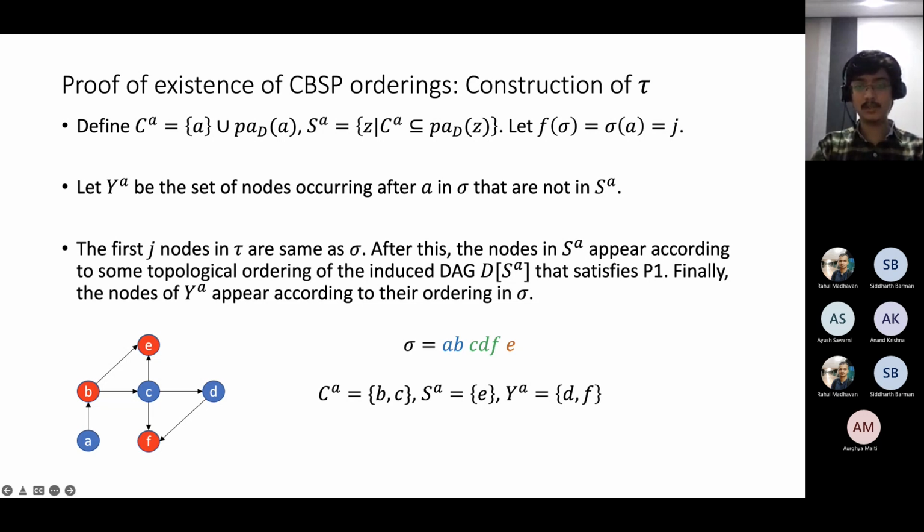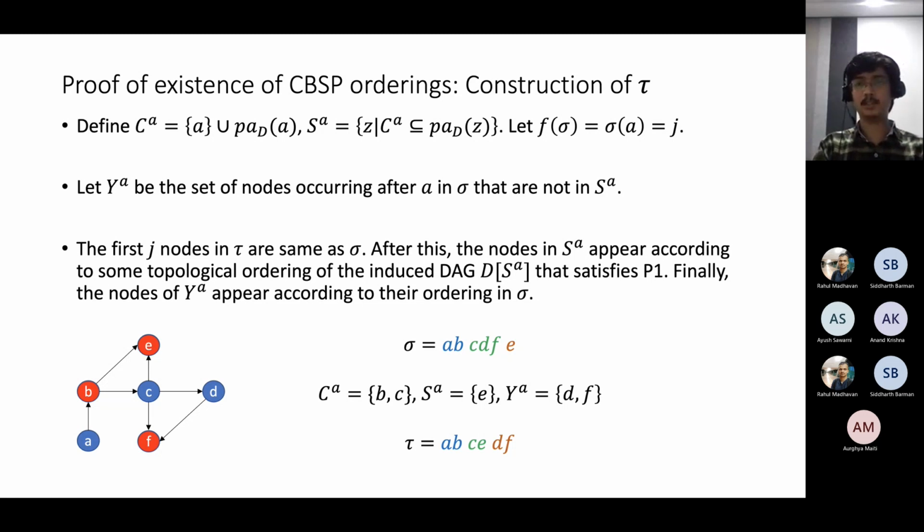Till the first J nodes, it would be the same, therefore A, B, C. Finally we take the nodes in SA in some topological ordering that satisfies P1, but since this is a single node, it would be just E. So it becomes A, B, C, E, and now the nodes in YA appear according to their ordering. Therefore, the final tau becomes A, B, C, E, D, F.